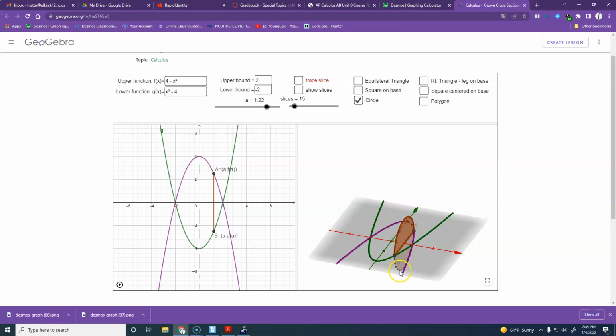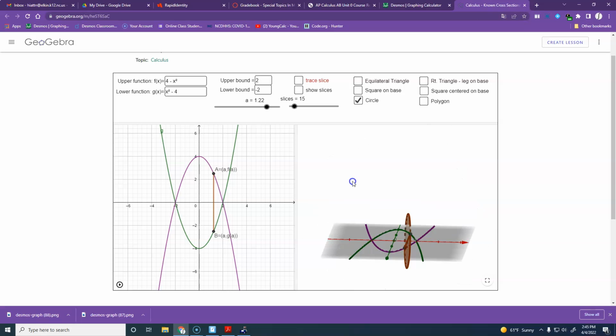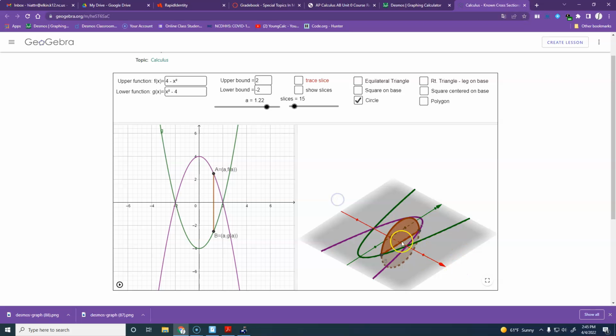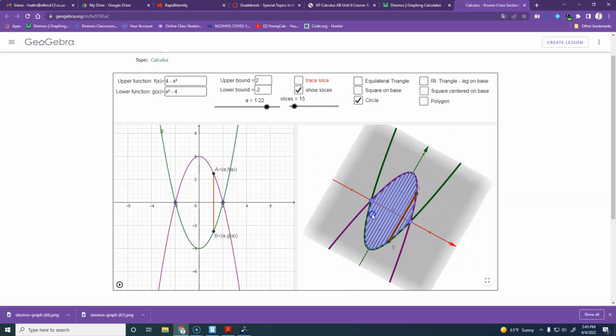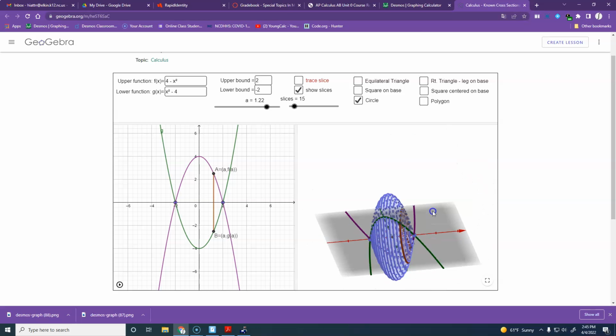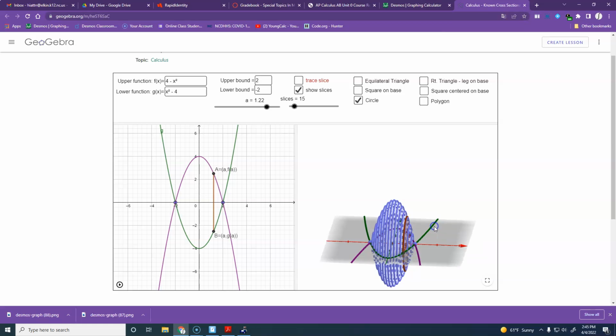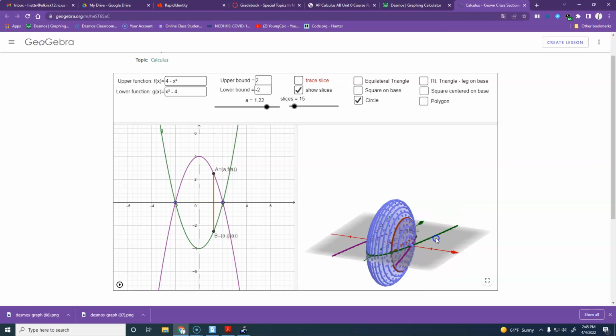The colored in part is what we're looking at. If they show the slices, it would just be this top part for semicircles. It looks like that thing from Australia.